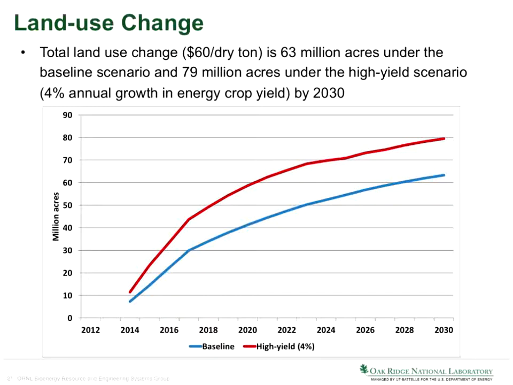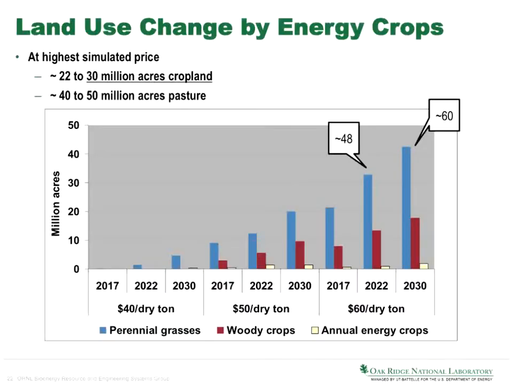POLYSYS is basically a land use change model, and at $60 a dry ton, the total land use change is estimated to be 63 million acres under the baseline scenario, and 79 million acres under the high yield scenario by 2030. So here we basically see an increase in land allocation to dedicated feedstocks. Let's look into that in a little more detail.